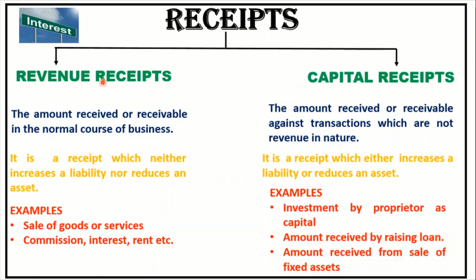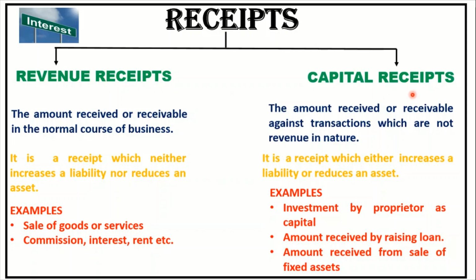Other than this, there is commission received, or if the business has made some investment, they receive interest on that. If for the time being they have given their godown for rent, then they receive the rent. All that is an income, or you can say revenue, for the business. So that is revenue receipt, or you can say it is of a regular nature.